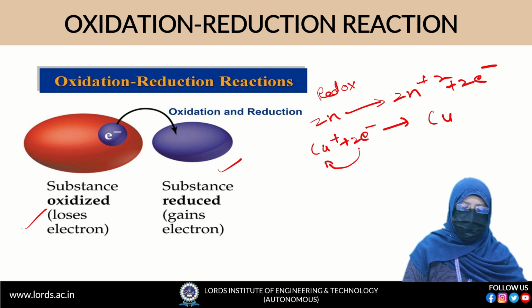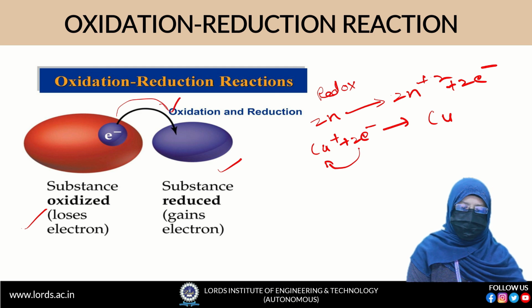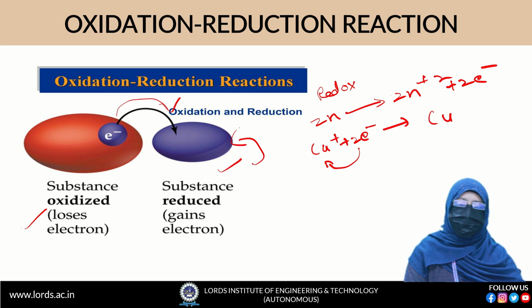Loss of oxygen or gain of hydrogen is also called reduction. The substance which is donating the electron is called the reducing agent, and the substance which is gaining the electron is called the oxidizing agent.